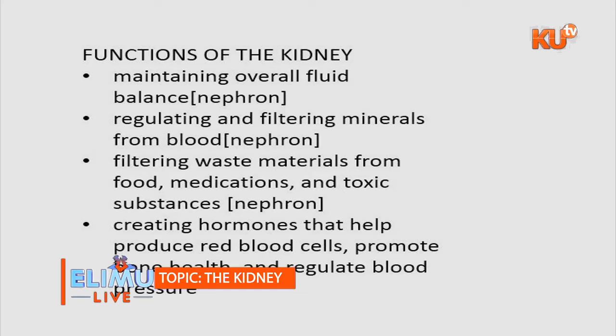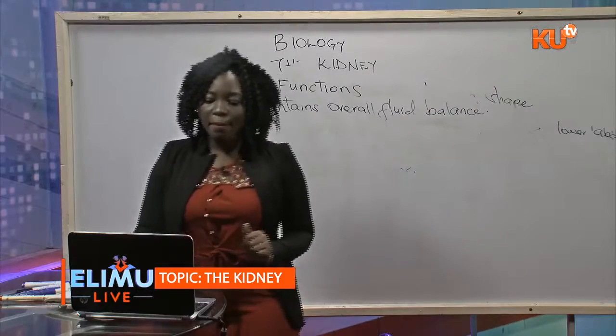And then in the brackets, you'll notice that I put something called the nephron. That means that the nephron is in the kidney, and the kidney maintains the overall fluid balance.